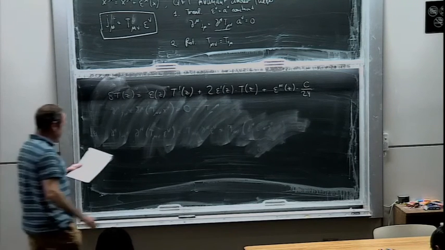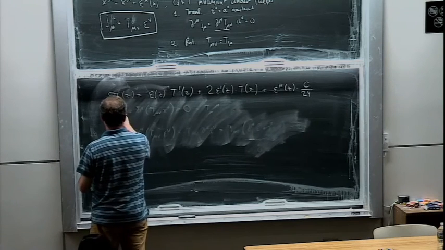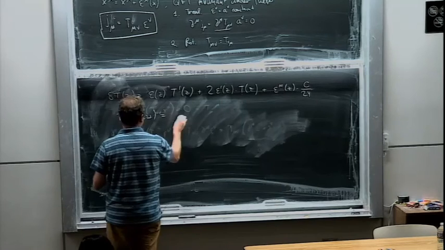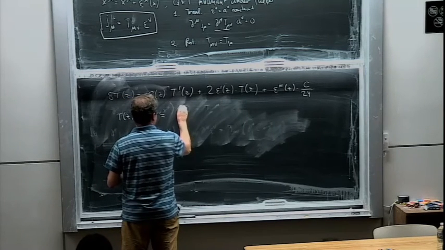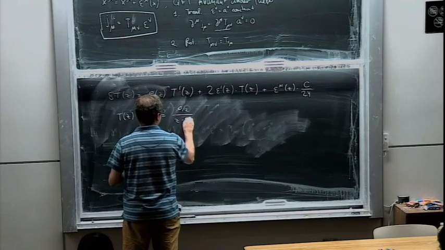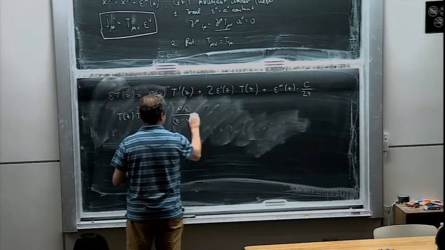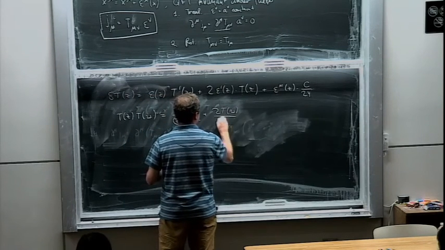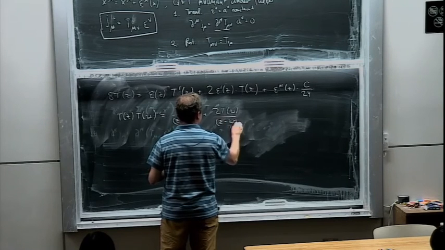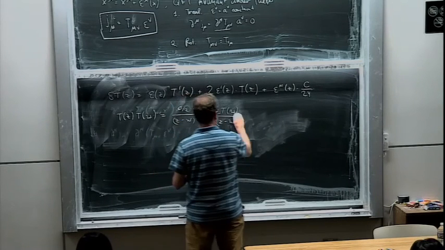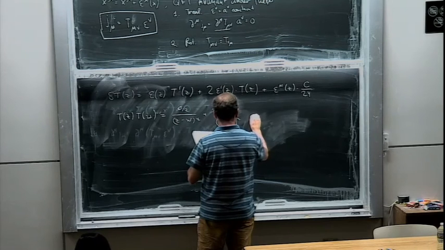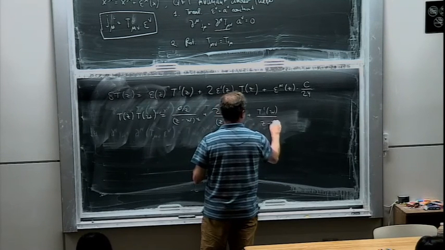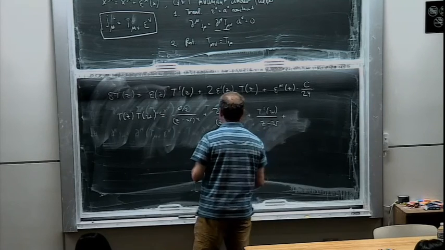And so the result then becomes T of z, T of w, as z approaches w, behaves as c divided by 2 divided by (z minus w) to the 4th power, plus 2T of w divided by (z minus w) squared, plus T prime of w divided by (z minus w), plus terms which are regular.